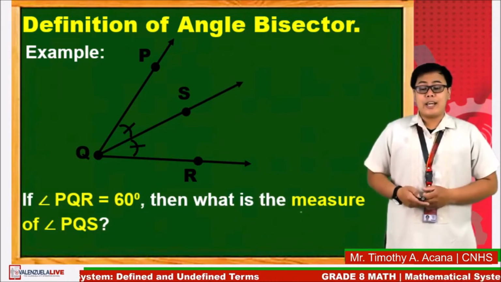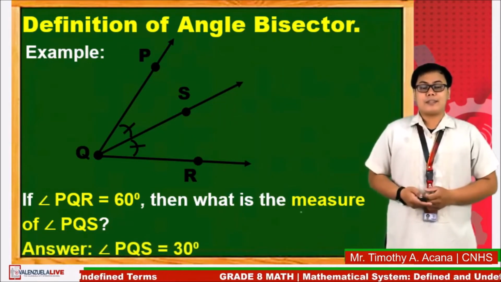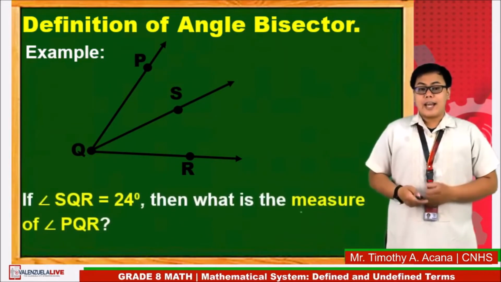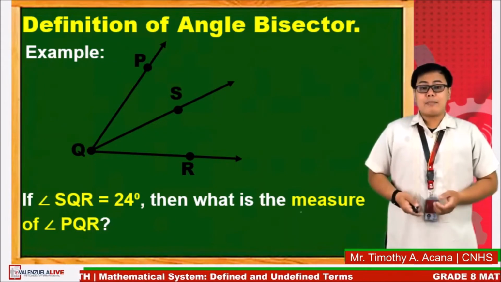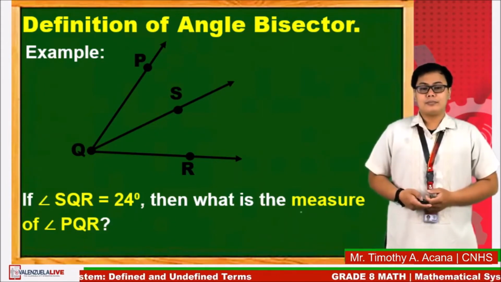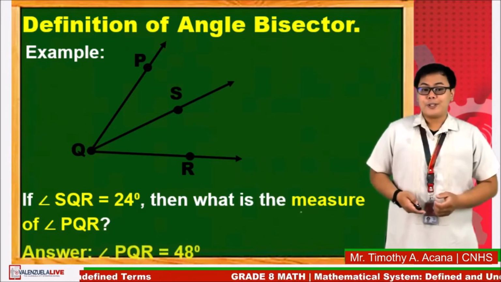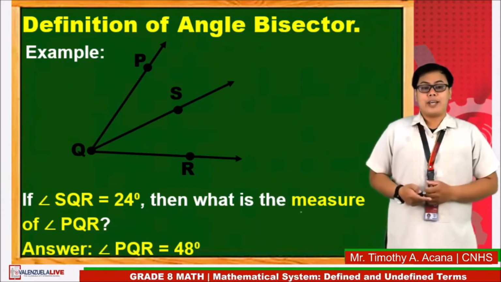The answer is angle PQS is equal to 30 degrees. Another example, if angle SQR is equal to 24 degrees, then what is the measure of angle PQR? Wonderful. The answer is angle PQR is equal to 48 degrees.